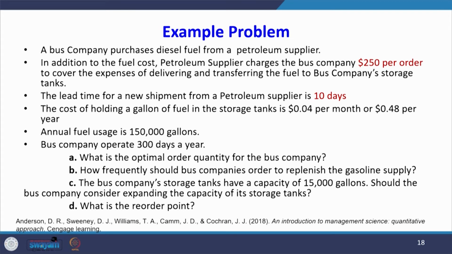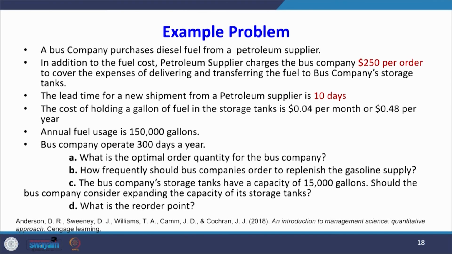For that problem I will find out the EOQ, how frequently we should order, and what the reorder point is. The problem is like this: a bus company purchases diesel fuel from a petroleum supplier.